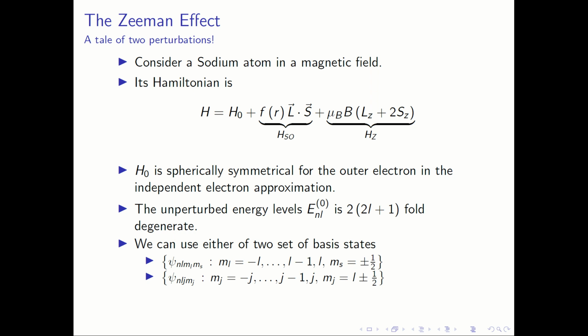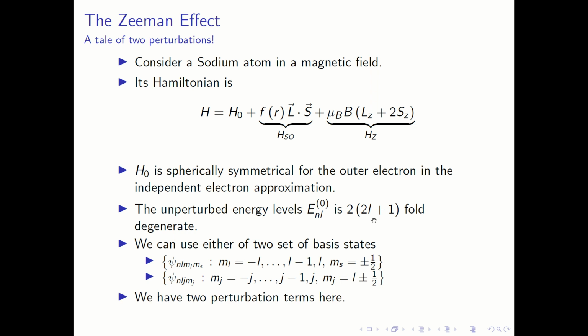As we already saw a while ago, if the L dot S interaction is all we have to worry about, then the better choice would be chi n L j m_j, because the perturbation would be diagonal in that basis immediately, which also tells you that the zeroth order energy levels will be better thought of as chi n L j m_j.